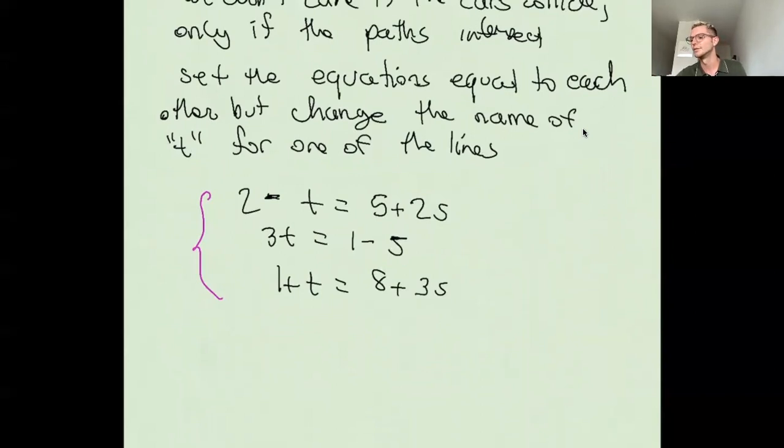So for example, to solve this system, you can say from here S equals 1 minus 3T. Okay.